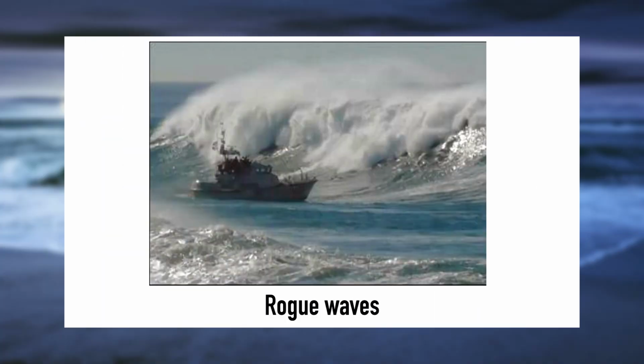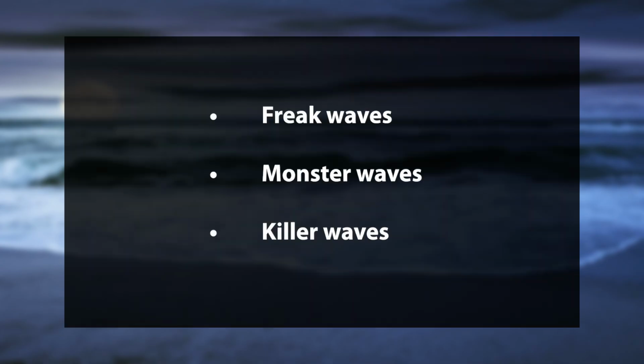Rogue waves are extremely large and unexpected ocean waves that can appear suddenly, even when the sea looks calm. These waves are also known as freak waves, monster waves or killer waves because they can be 2 or 3 times taller than the surrounding waves and are powerful enough to damage or even overturn large ships.